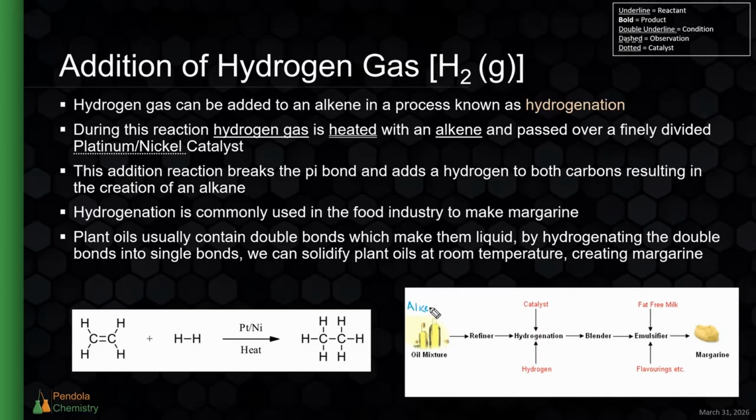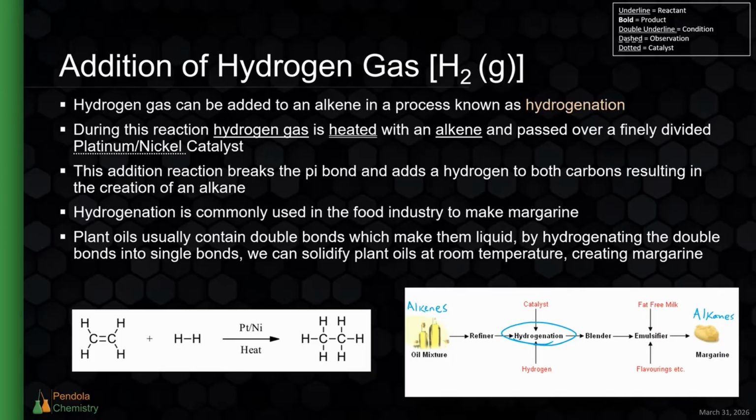They have unsaturated hydrocarbons. That's why we call them unsaturated fats. Whereas margarine and most solid oils are alkanes. That's why we call them saturated fats, because most of them don't have double bonds. So we can undergo hydrogenation with liquid oils like seed oils to convert them into solid oils like margarine.